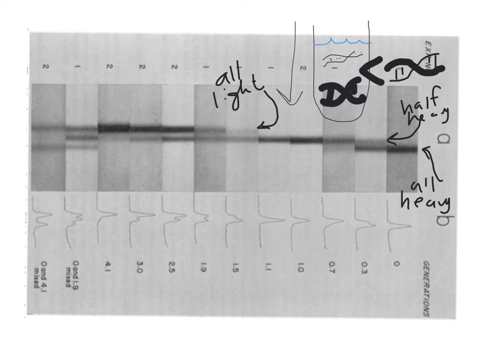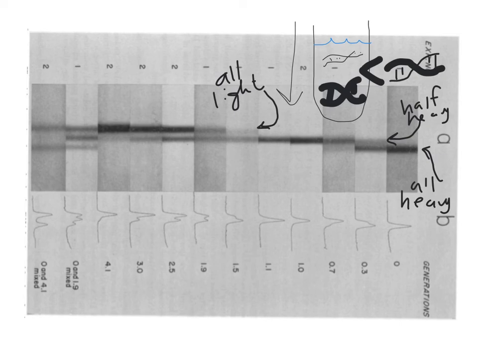What happens in generation 1? What did we predict? All of those totally heavy molecules denature, and each of those heavy strands serves as the template for creating the synthesized, or light, strand. So everything at the first generation should be half heavy.